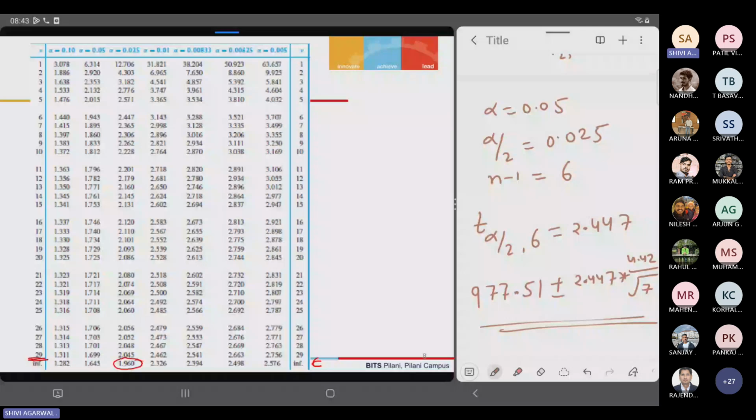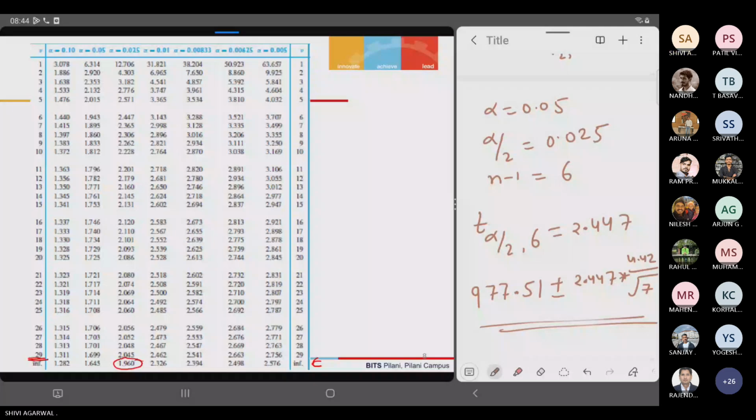Okay. So, Mr. Gaurav, what we are saying here is n is very large. As I told you in the last slide, if n is large, then the t distribution will converge to the z distribution. Correct. So if n is more than 30, then we use the values from the z distribution itself.